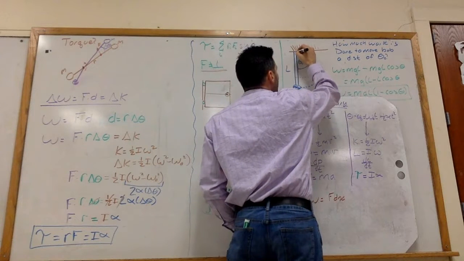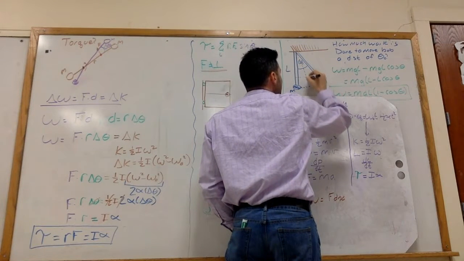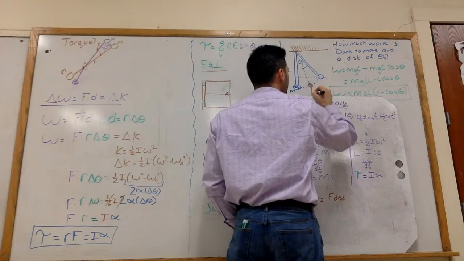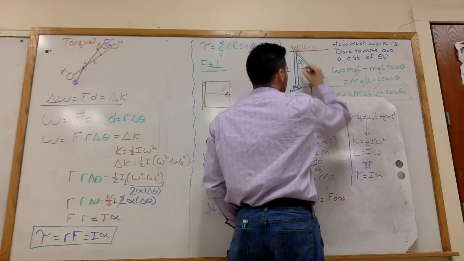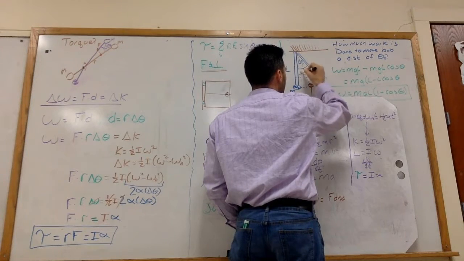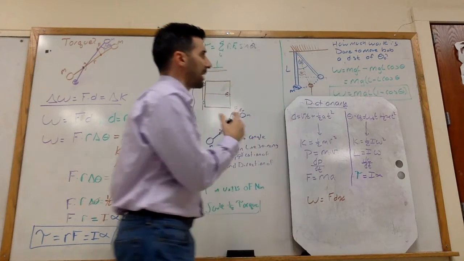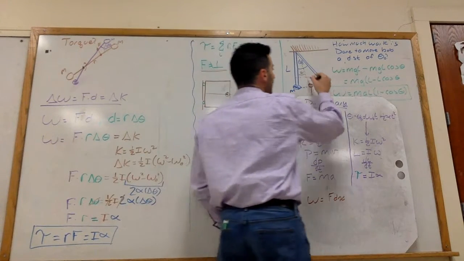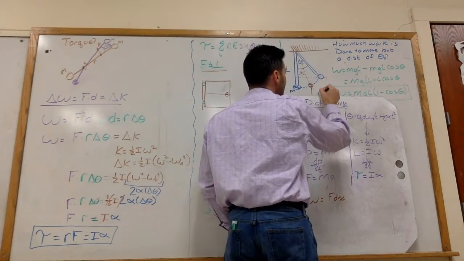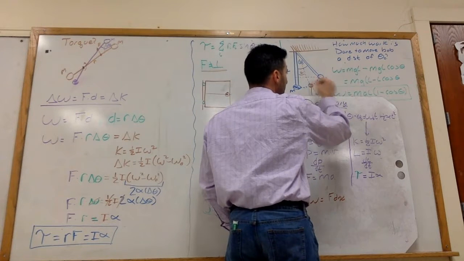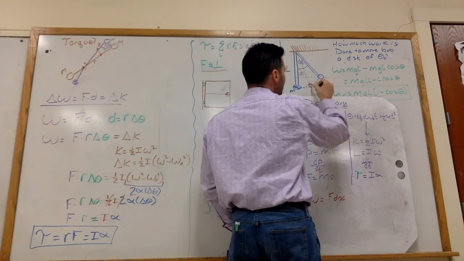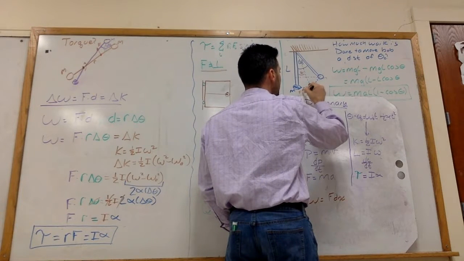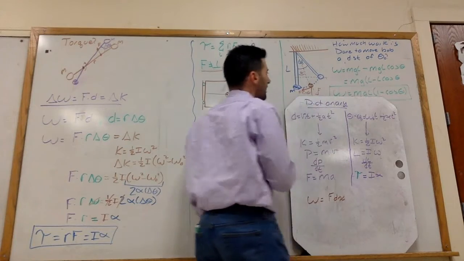Well, if I take any intermediate spot, I can start to draw a free body diagram on here, but let's say I label that theta. That's some intermediate spot. As theta changes, my work is obviously going to change. I can summarize that there's a component of force here, and there's a tangential component, F sine theta.